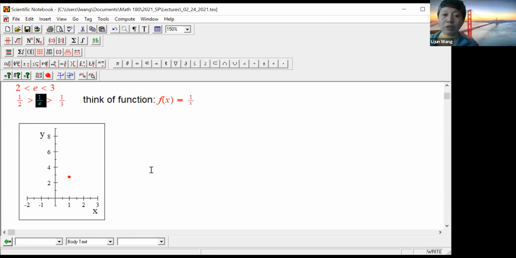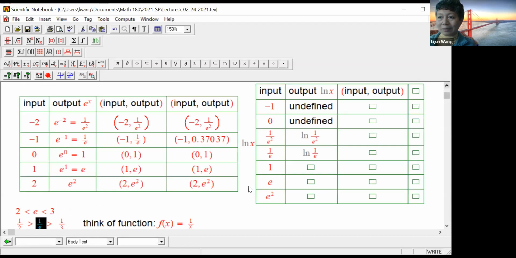Okay, so now we know 1 over e is a number between 1/3 and 1/2, and then what do we do next? Well, if you really want to know what 1 over e is, it's approximately 0.3 or 0.4. Okay, that's it.